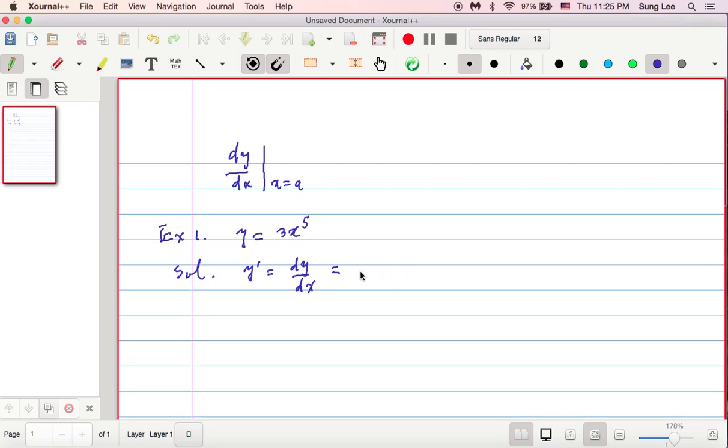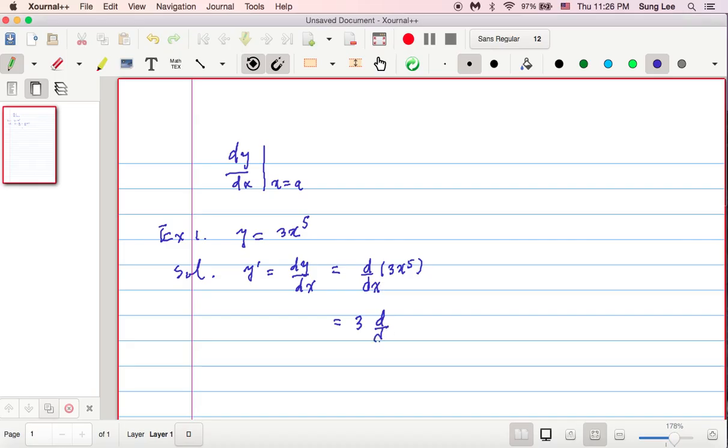So here in this case, d by dx of 3x to the 5. Using the property we saw earlier, this constant multiple can be brought outside of the derivative.